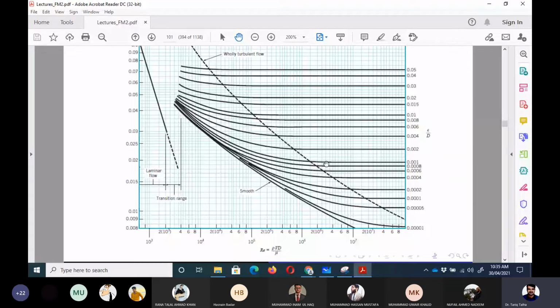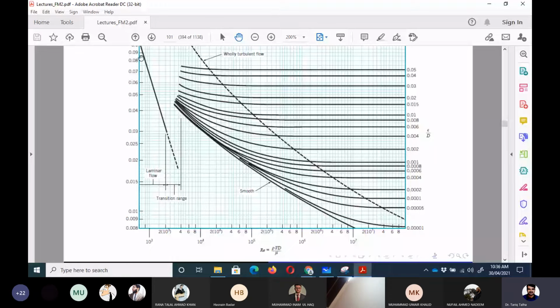And if we have some other value of epsilon upon d, then we can draw a vertical line from that curve, find the intersection point, and from the intersection point draw the horizontal line. We will also do a numerical problem for this in a couple of minutes to elaborate it further.